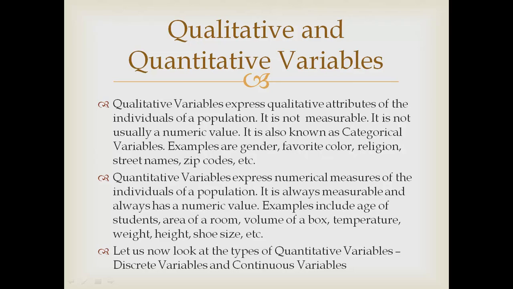It's kind of confusing here, because you might say, why don't we call it quantitative variables? It's still a qualitative variable because you can't measure it. That's why we classify it that way. It is not measurable at all.